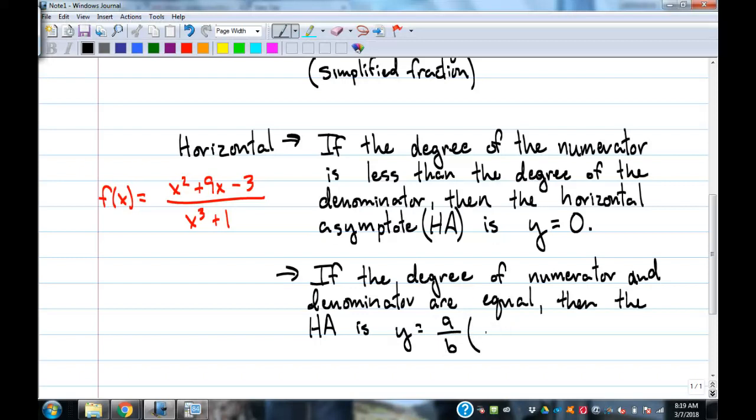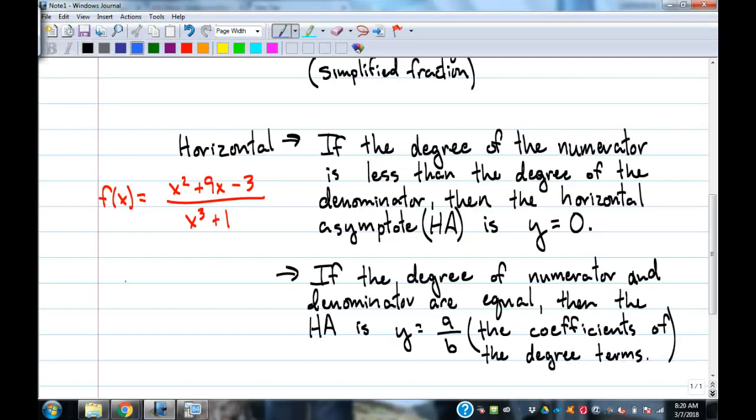What that means is the coefficients of the degree terms. Another word for that would be leading coefficient for the polynomials.